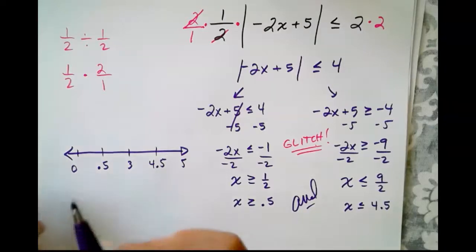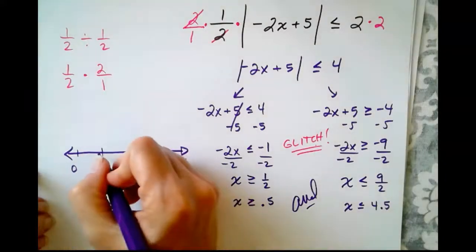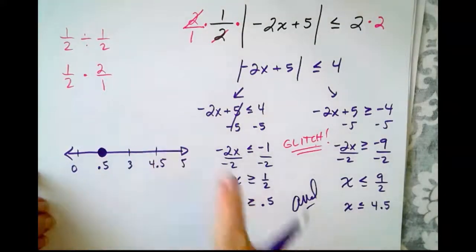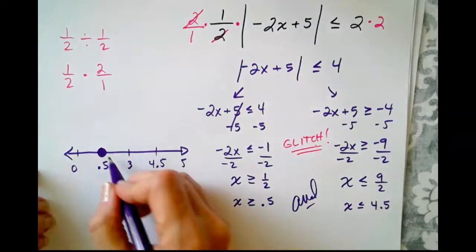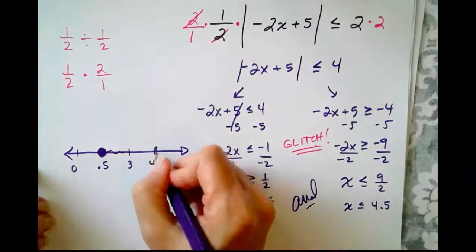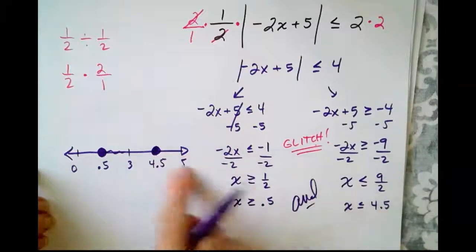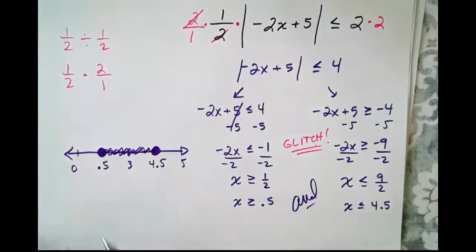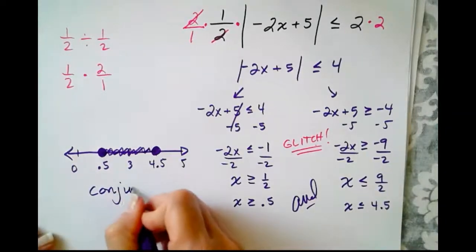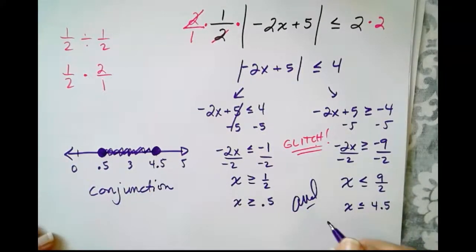So, numbers that are bigger than or equal to, because of the or equal to, it's going to be solid. And so bigger than 0.5 and then less than or equal to, solid again, 4.5, everything in the middle there. That's a conjunction of sets. Why do we have a conjunction? Because this is an and situation. There you go. That is solving absolute value inequalities.